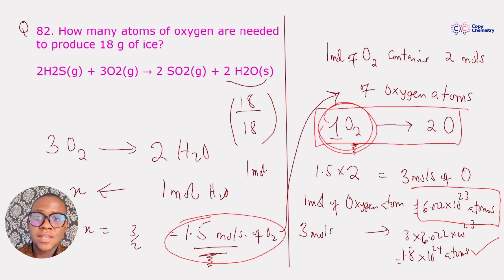So oxygen exists as O2, right? So O2 itself is the molecule. So 1 mole of O2 is 1 mole of O2 molecules. That's what it means. Yes. But if you're asked how many atoms, then you have to take this format and break it down, which is what we did.